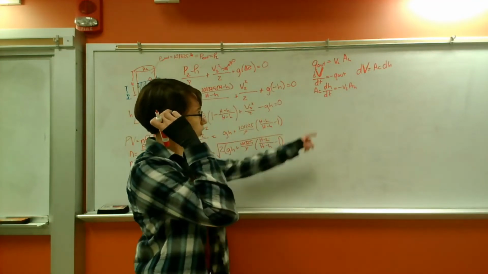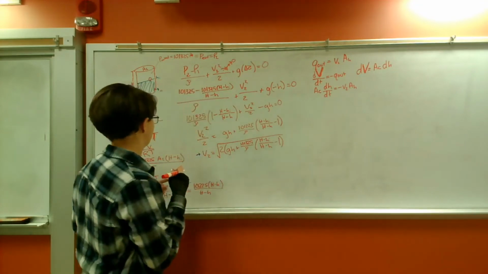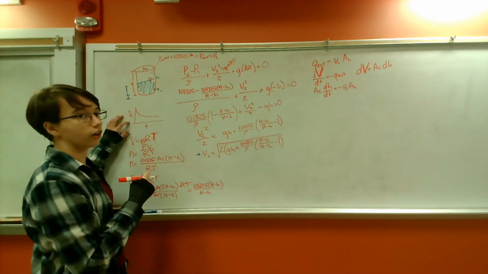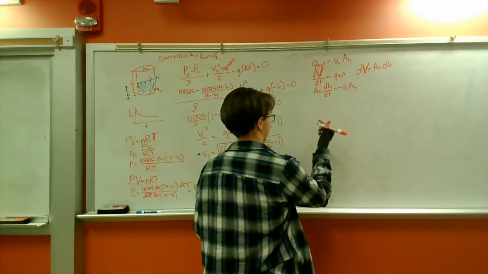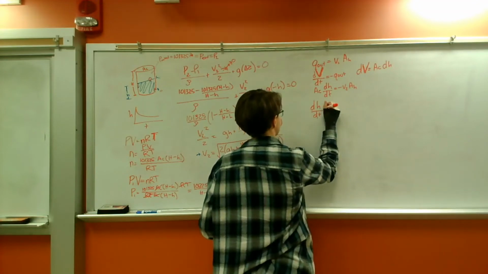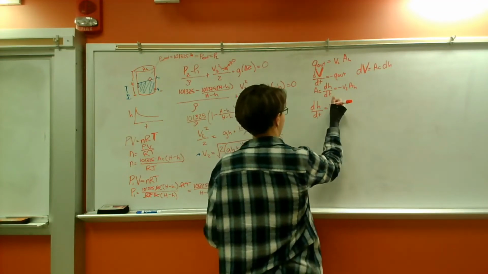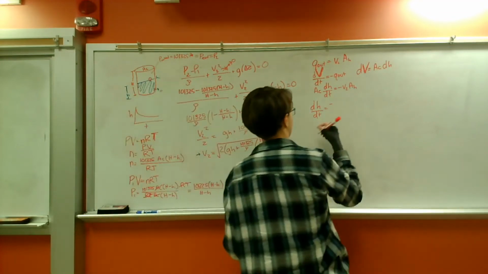So then, now you can see that we've got change in height with change in time, which is what we're looking for over here on our graph. We just have to finish plugging everything in. So we've got dh/dt is equal to negative of this value here.